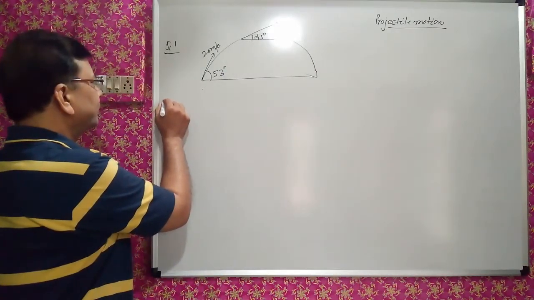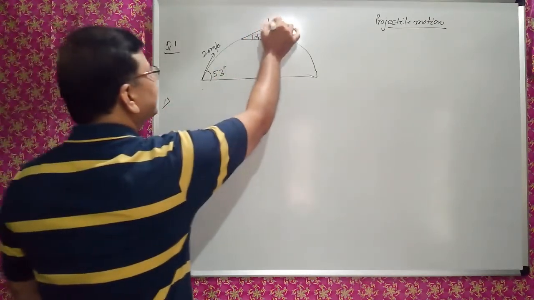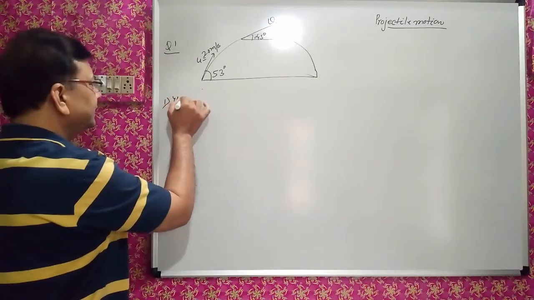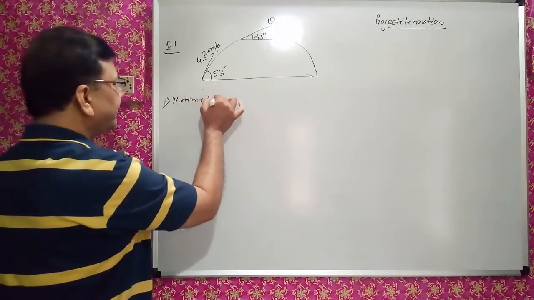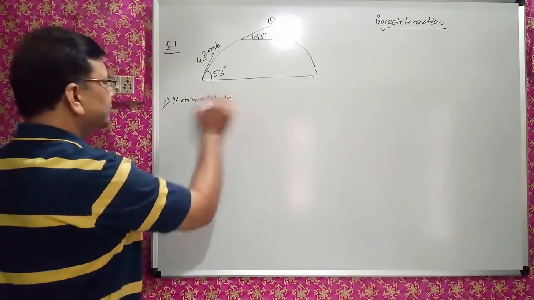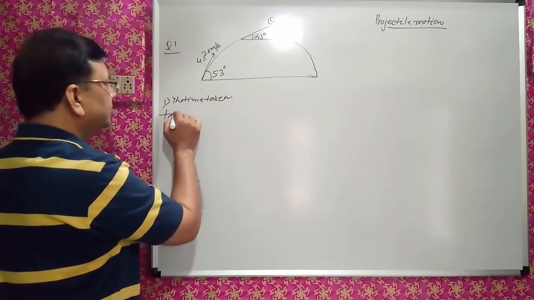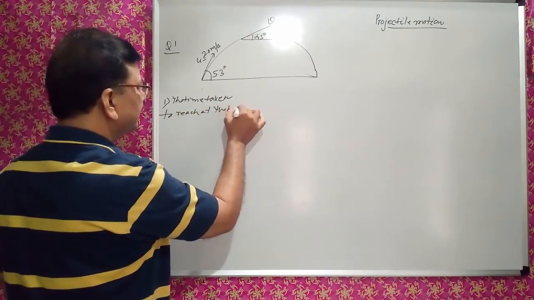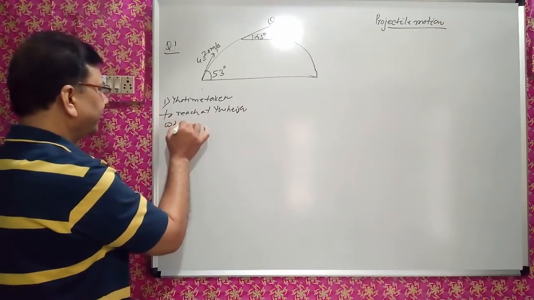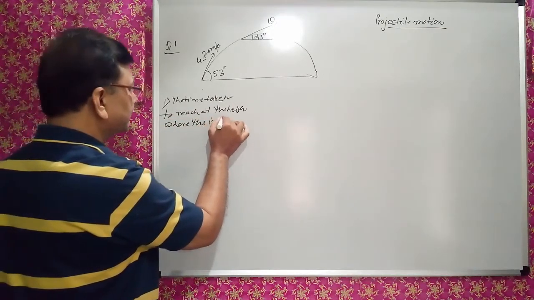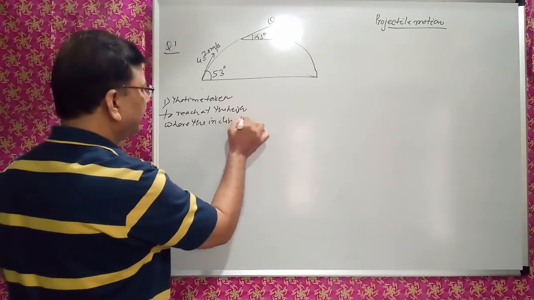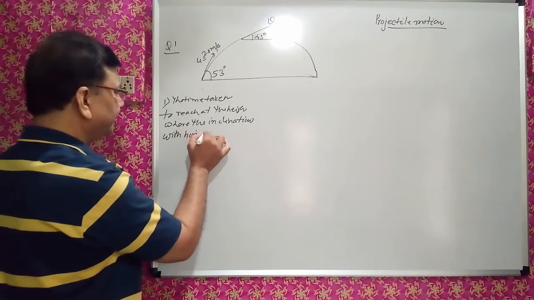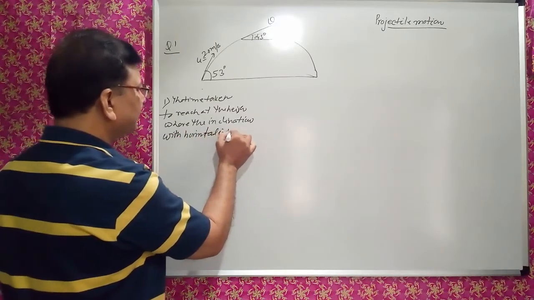So what is to be found out? Let this velocity be v and u is equal to this. The time taken to reach at the height where the inclination with horizontal is 45 degree.